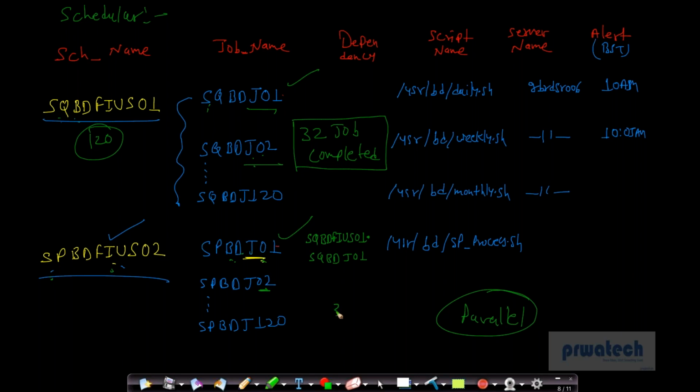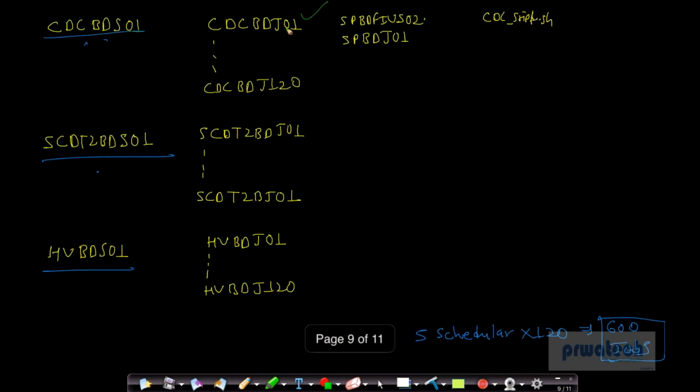So these 32 jobs will immediately start. And suppose out of these 32 jobs, 15 are completed here, because again there are small running jobs. Then these 15 jobs will start here, because all dependency is satisfied.